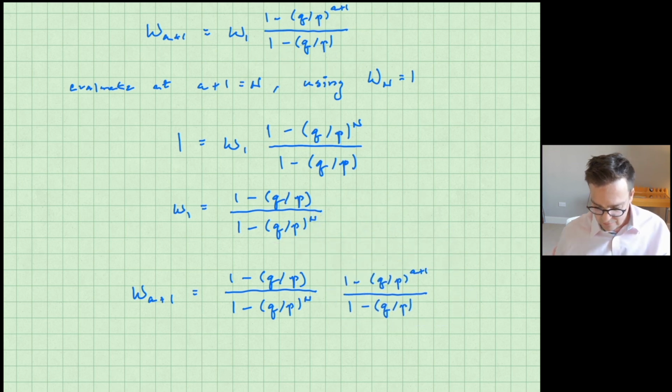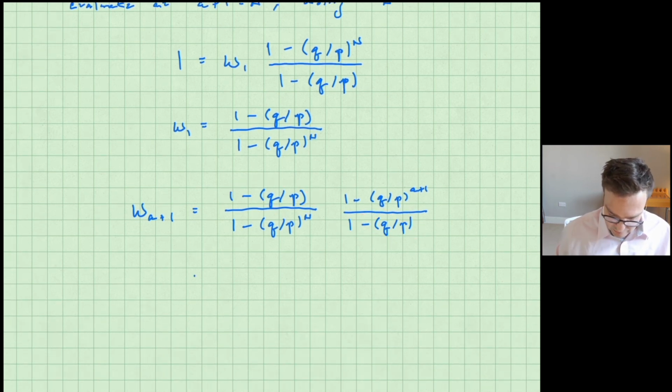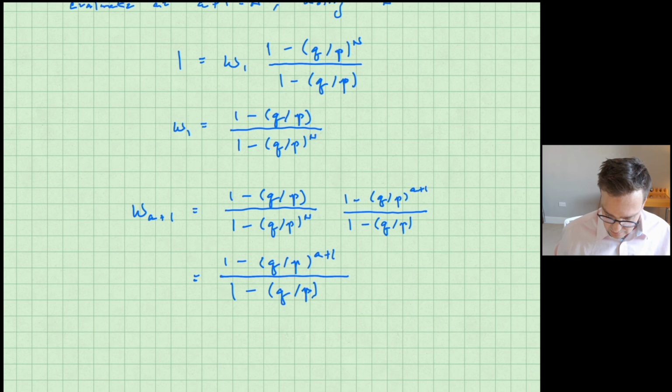You can see that this numerator cancels with this guy, and we've got the result 1 minus Q over P to the A plus 1 over 1 minus Q over P to the N.